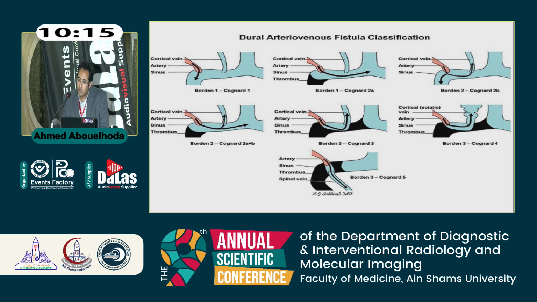This is Borden type 2, Cognard type 2B. In the fourth one, you have both secondary reflux and cortical venous reflux without antegrade flow. This is Borden type 2, Cognard 2A plus B. Now, isolated cortical venous reflux without ectasia is Borden type 3, Cognard 3. Here you can see venous ectasia, Cognard type 4, and here are the spinal veins, Cognard type 5.